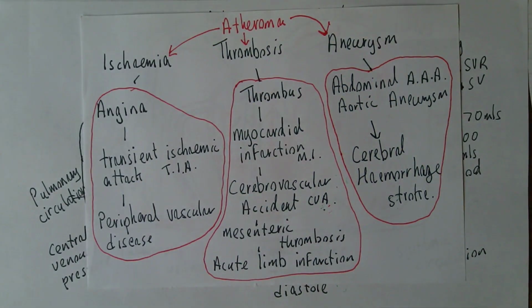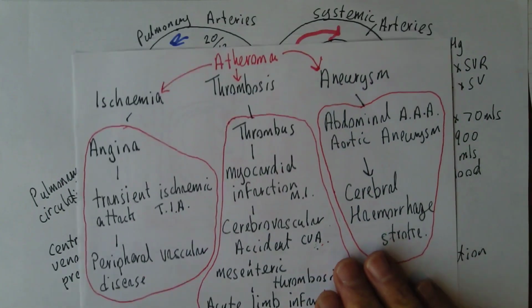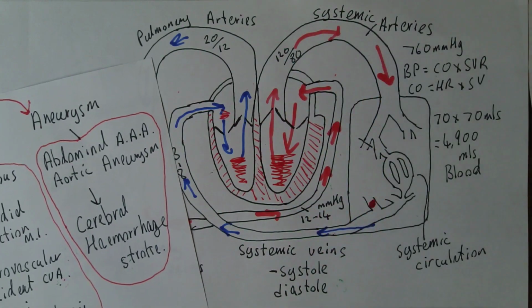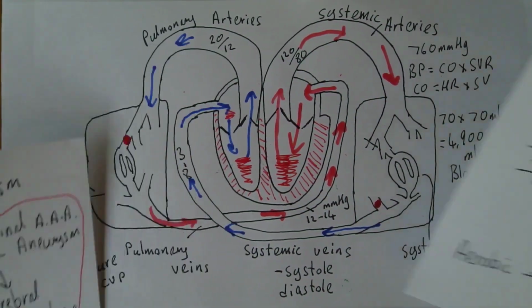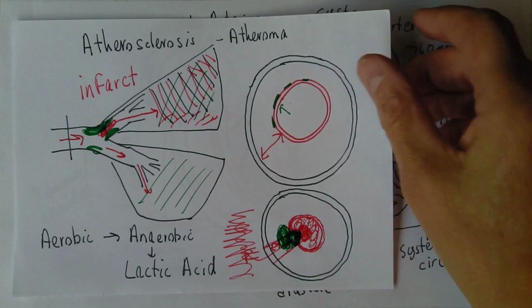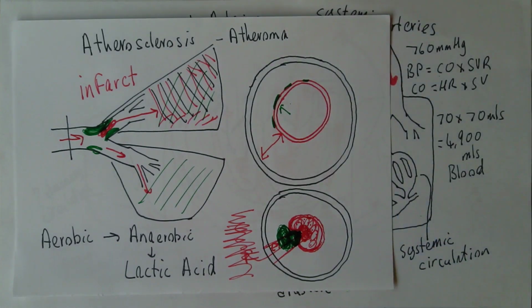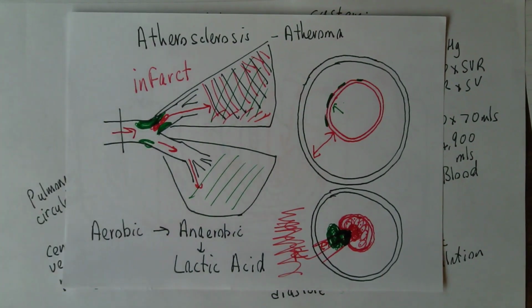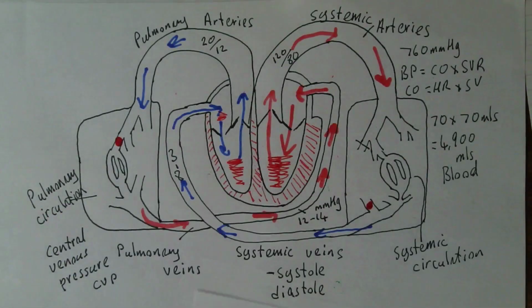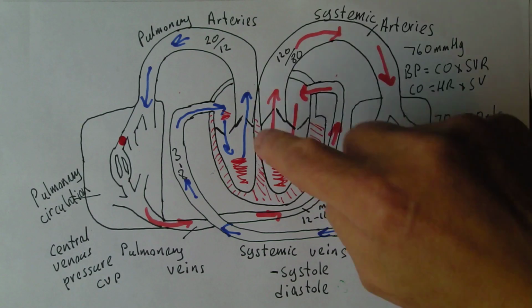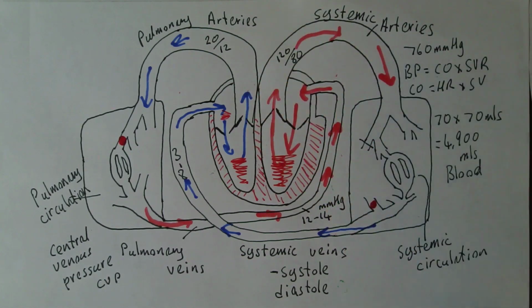So that's just looking at two conditions affecting the systemic arteries. We've looked at hypertension, and we've also looked at the complications of atheroma. There's an old saying in medical nursing circles that you're as fit as your arteries. And to some extent that's true, because if you've got good arteries, you're getting good blood supply to the tissues of the body.